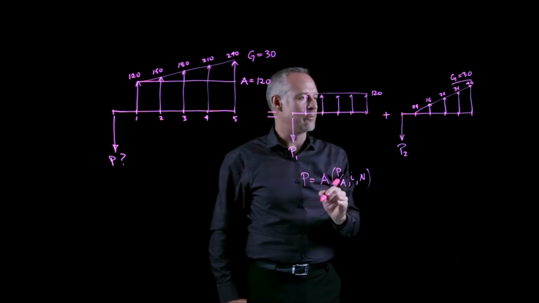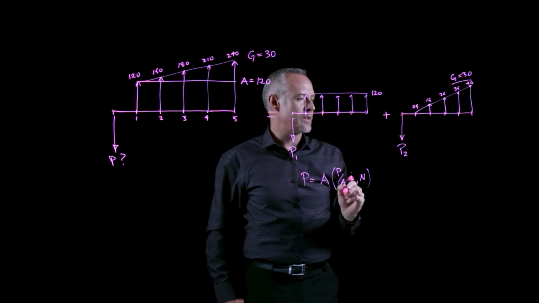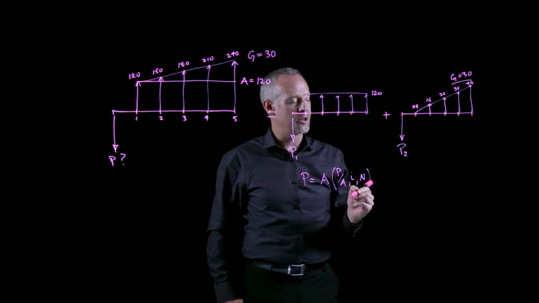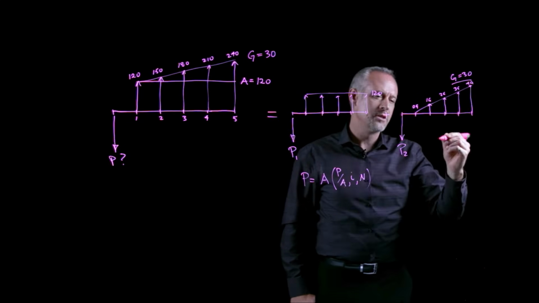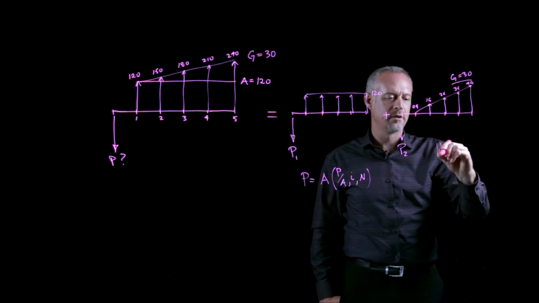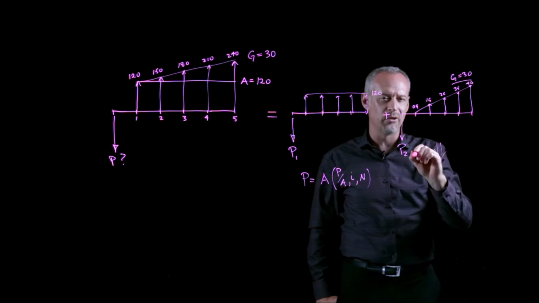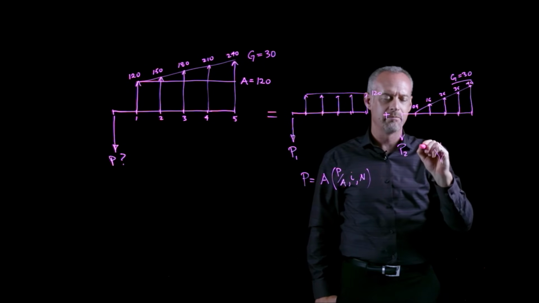But what do I do over here? Well, one of the things that I can identify from my engineering economics textbook is that I have a way to convert this gradient into an equivalent annuity.